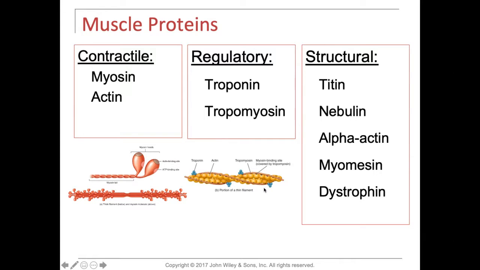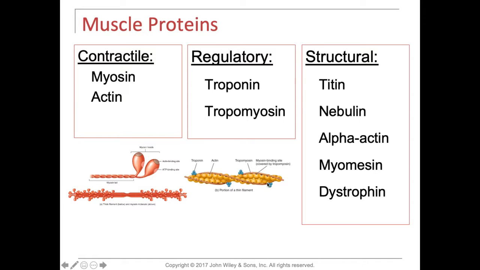And tropomyosin is held in place by these blue things called troponin. Okay, these are two other types of proteins, tropomyosin and troponin. Troponin is kind of like a staple. These staples are holding the string in place.